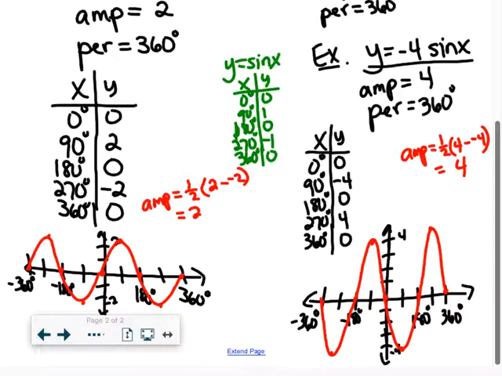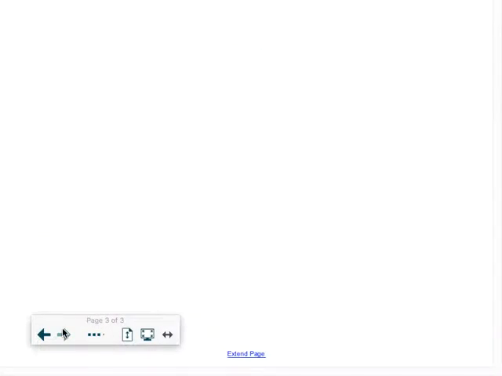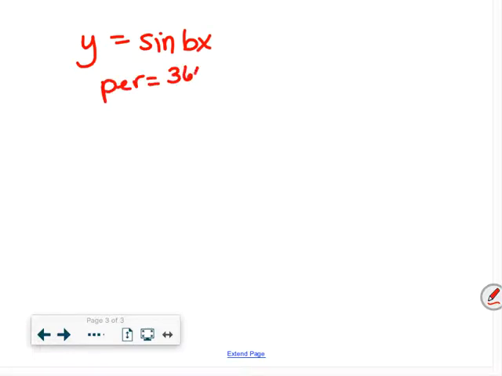So now, I mentioned you can change the period length. So that's what we're going to do next. So if I have y equals, and I make it the sine of bx, the period length now is 360 degrees divided by b. So let's do one together. So I have y equals the sine of 3x.